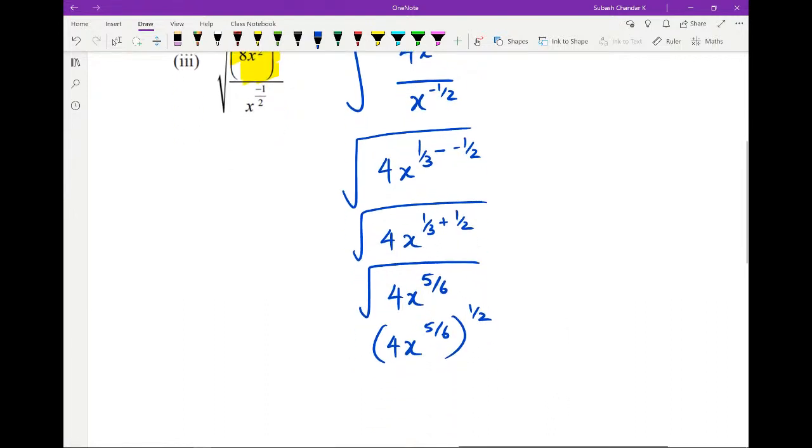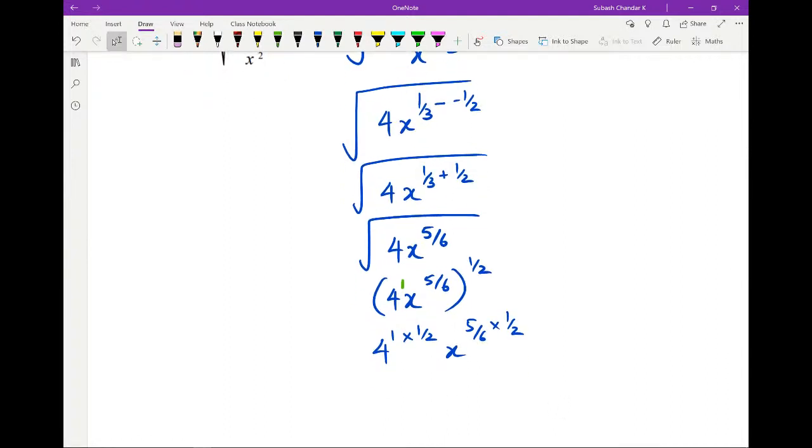And we literally repeat what we did in the first question. So we've got 4 to the power of 1 times a half, and then x to the power of 5/6 times a half. Now 4 to the power of half is 2, and then x to the power of 5/12, which ends up being your final answer for that.